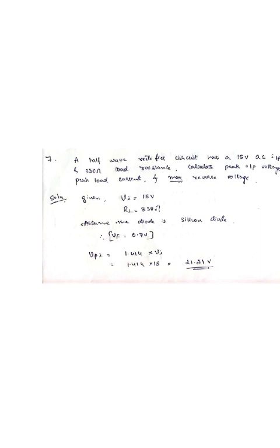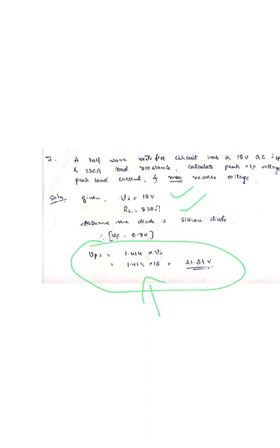Next is about a half wave rectifier which has a 15 volts AC input and 330 ohm load resistance. Calculate the peak output voltage, peak load current, and maximum reverse voltage. So we know what is VI, what is RL. Substitute the value in VPI, this is a standard formula.